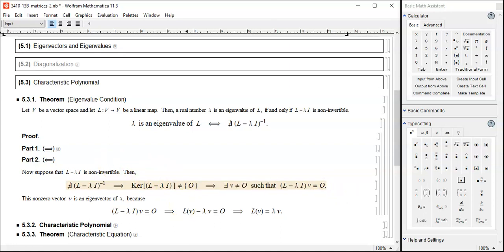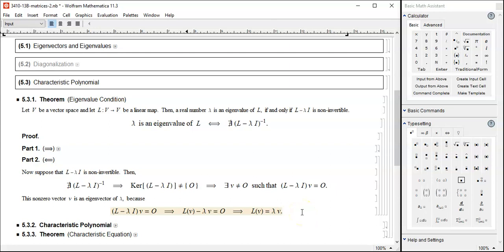Sorry about that. So L minus lambda I of v is equal to the 0 vector. Once you get that, from this point it is easy. From here, break up, and then flip this to the other side. There you go. We have the eigenvector v. It's a non-zero vector, so it's an eigenvector. So lambda is an eigenvalue.